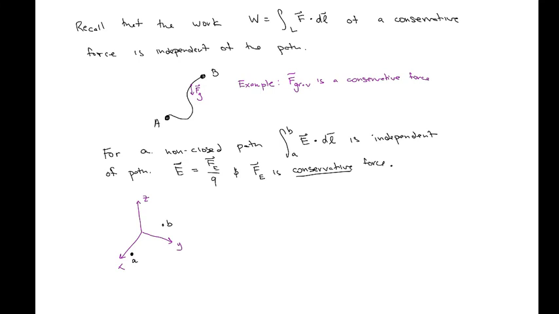I can choose a nice path, I can choose a mean path, I can choose whatever path I want in order to do that integral, but at the end of the day, it's only going to depend on the values at the endpoints. So just like for gravity, the amount of potential energy you give it only depends on the initial and final height. Here, this particular integral still only depends on values at the endpoints.